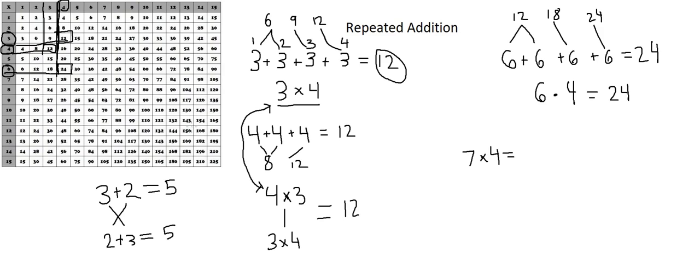Now that we have enough experience converting addition into multiplication, we might as well try to do it the other way around. So 7 times 4. If we look over here on the table, we look for 7, so it's right here. And then if we multiply it by, you know what, let's do 5.